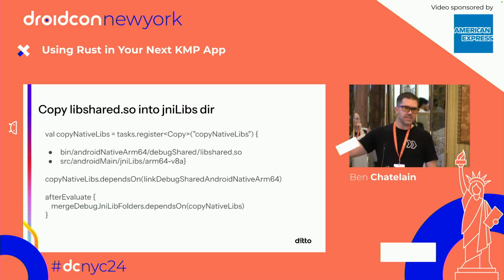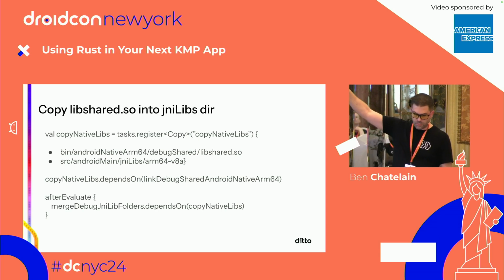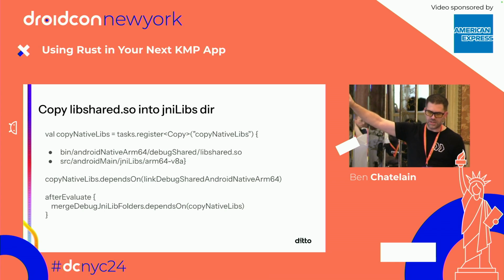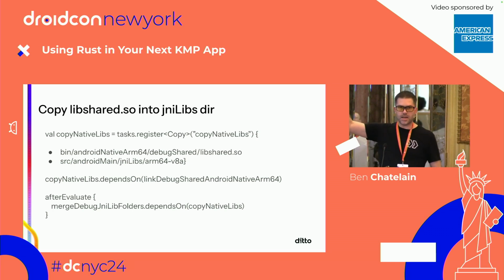Well, it turns out it was just missing something to copy it. So here's the two directories, or examples of the directories, because this varies by architecture and whether you're doing debug or release. But basically, we need to copy it from the first to the second. And I got an extra curly brace there. But if you note, the path to the destination is Android main JNI libs.